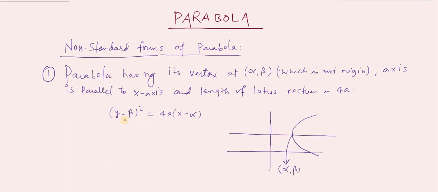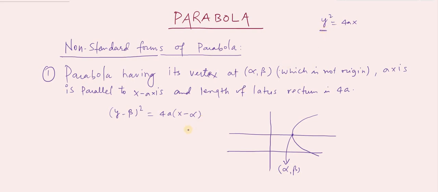The figure of this parabola y minus beta whole square is equal to 4a times x minus alpha will look something like this. Here the axis of this parabola is y is equal to beta. Remember, y square is equal to 4ax was our standard equation of the parabola. In this parabola the equation of its axis was x-axis, that is y is equal to 0.